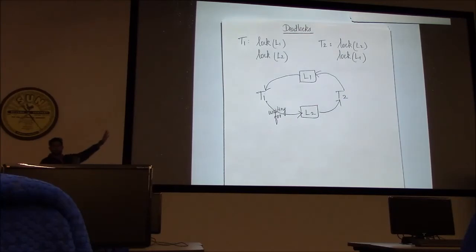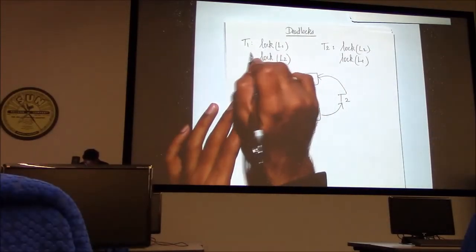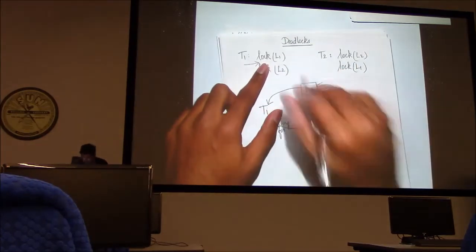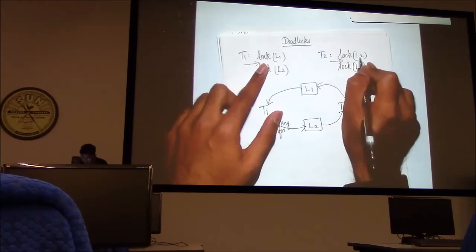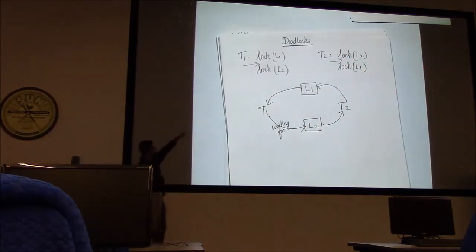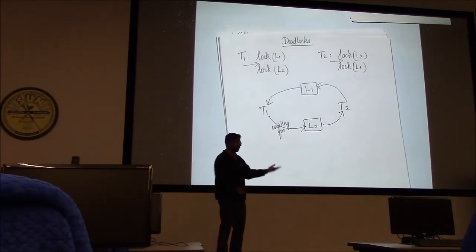Okay. In this particular case, T1 has acquired L1, and if there is a context switch to thread 2, and thread 2 acquires L2, at this time both will not be able to acquire the other lock that it needs, because both have one lock each and they are waiting for the other lock to be released.